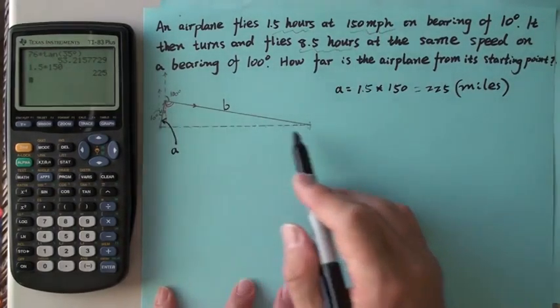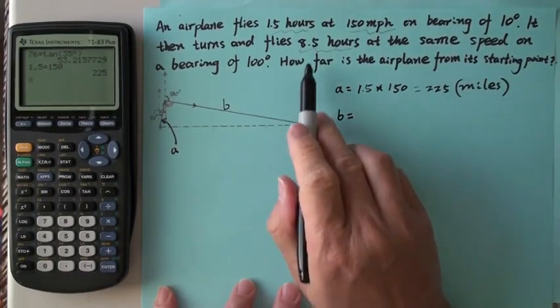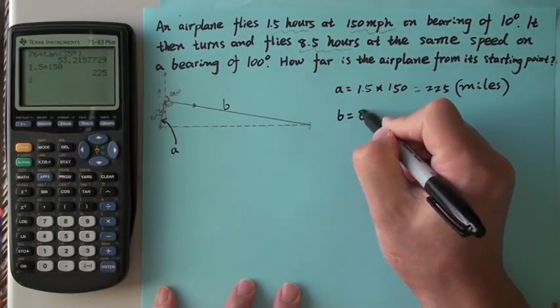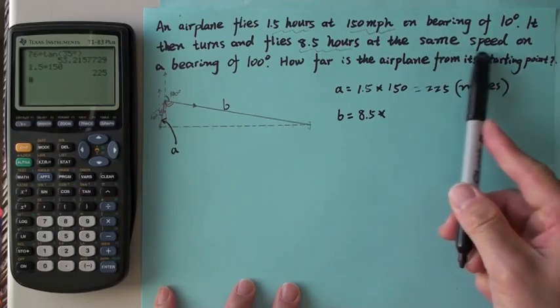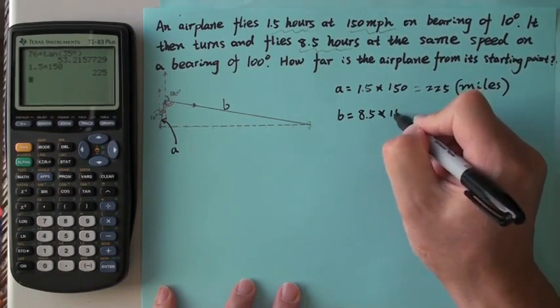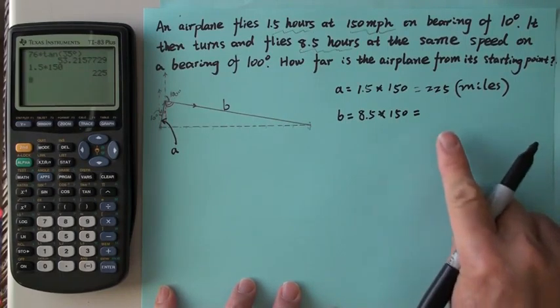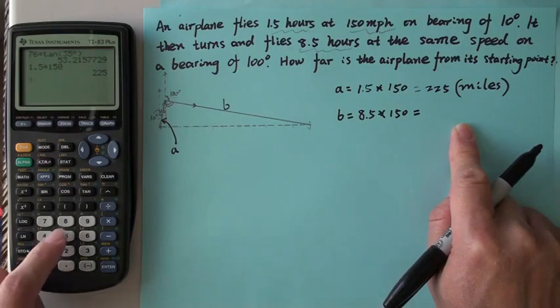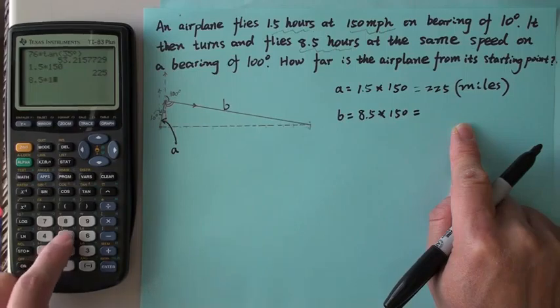Now how far is B? For B, we know the time it lasts was 8.5. The speed is the same speed, 150. And then of course the distance will be longer. That's 8.5 times 150.